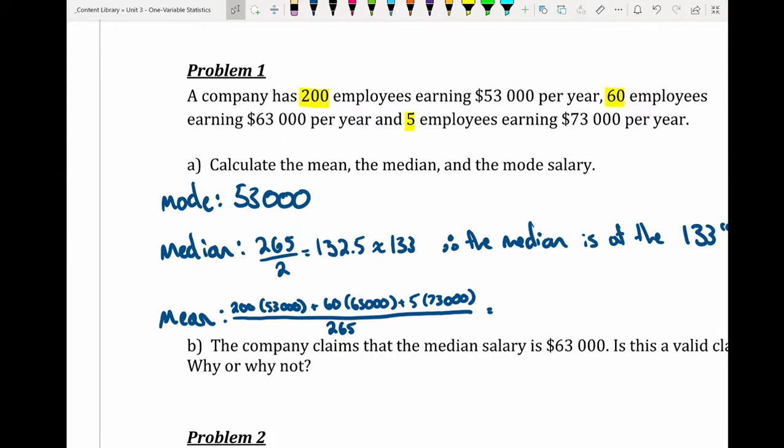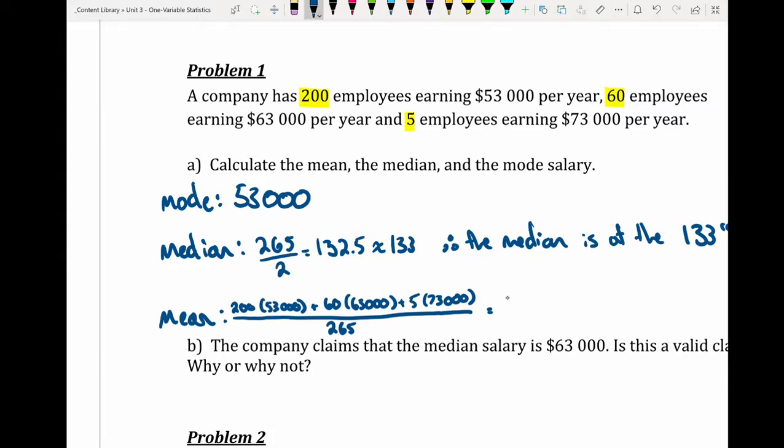So I can enter all of this into my calculator. So 200 times 53,000 plus 60 times 63,000 plus 5 times 73,000, all divided by 265.